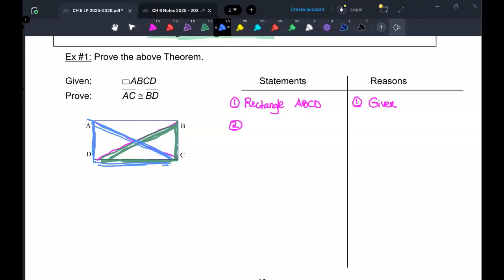Okay, do you know that AD is congruent? We can say AD is congruent to BC. And the reason is a rectangle is automatically a parallelogram. So all of those theorems, so parallelogram implies opposite sides are congruent. Okay, so we have a pair of sides.